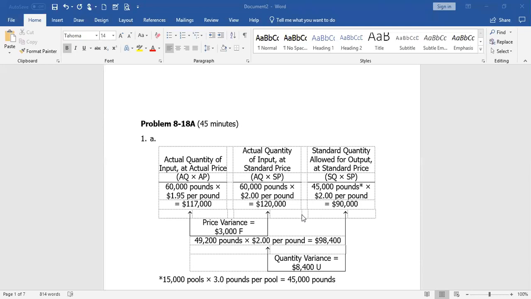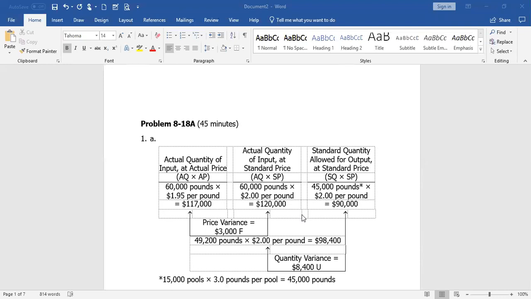Now, since we didn't use 60,000 pounds, that's what we bought, we want to compute the amount of used materials to determine the actual quantity variance. What this is saying is we actually used 49,200 pounds. We bought 60,000, but we actually used 49,200. What's the standard price here? $2 per pound.